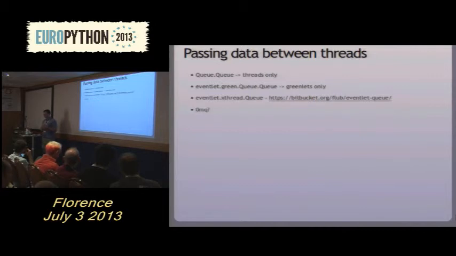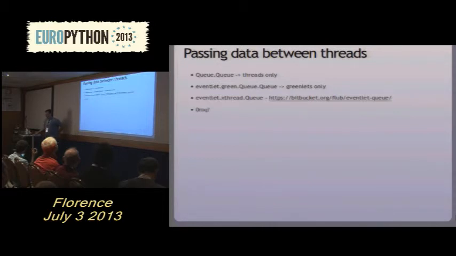Likewise, Eventlet comes with its own queue implementation, but this problem is kind of the same as I mentioned in the T-pool module. It doesn't work across threads. The default queue implementation in Eventlet will only work to pass items between different greenlets of the same thread.